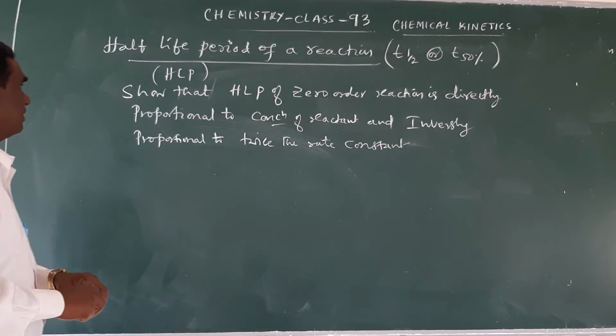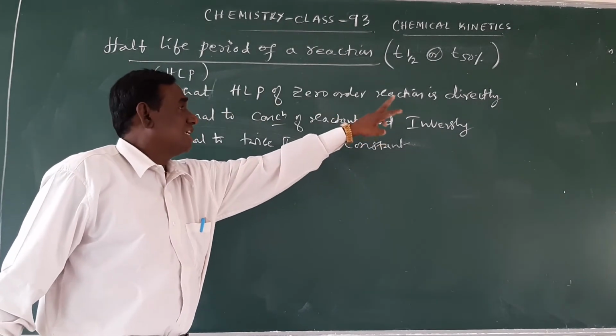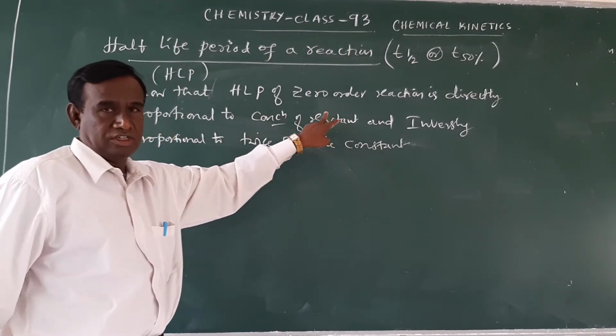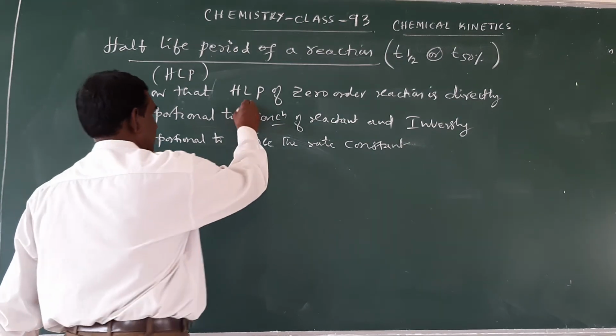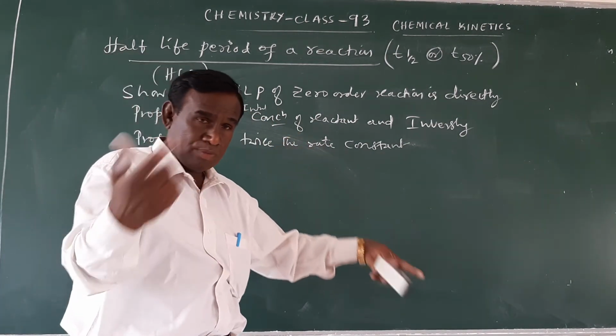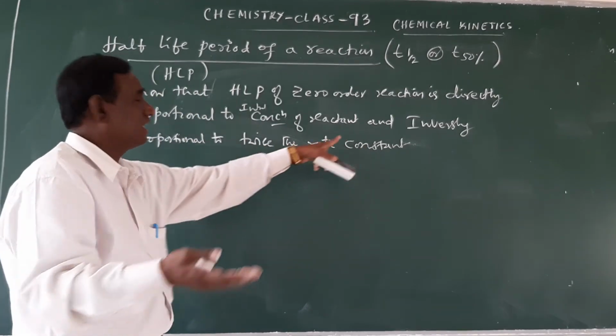What is that statement? Show that the half-life period of a zero order reaction is directly proportional to the initial concentration of the reactant and inversely proportional to twice the rate constant.